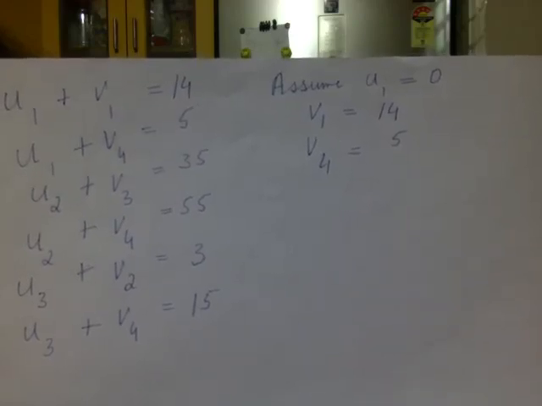U2 plus V4 is equal to 55 and get U2. But we already know V4 as 5. So U2 plus 5 is equal to 55, and we get U2 is equal to 50.